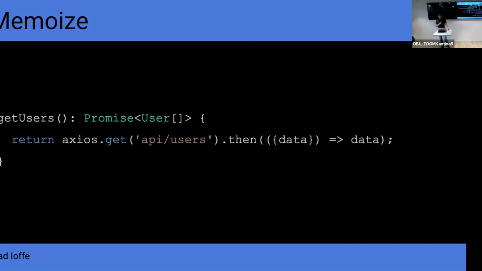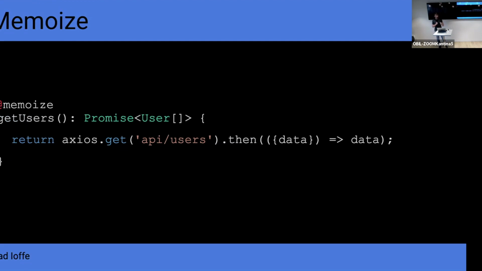So let's take another example. Let's say we have some service which has the getUsers method, and let's say we want to cache this value during our application. It's not changing too often, and we think there will be some value in storing it in some cache. So we can use the same decorator that we used for the Fibonacci series, and we are decorating it. But here's the thing.